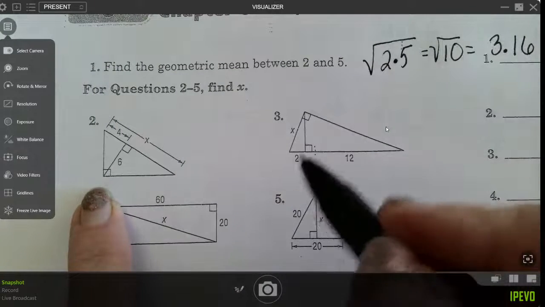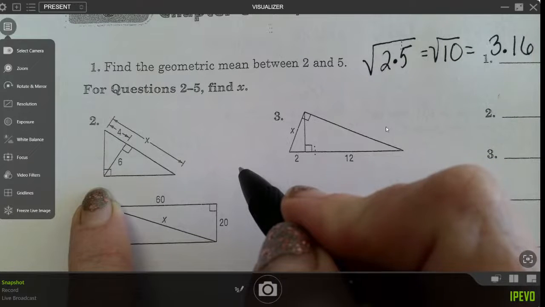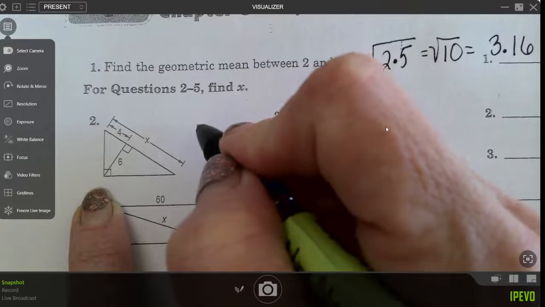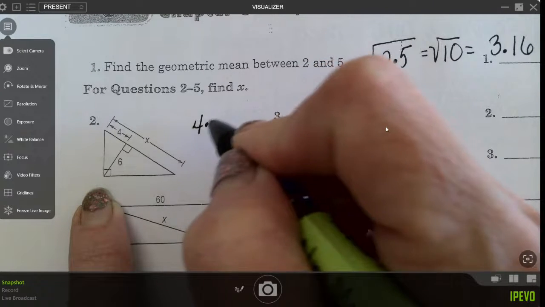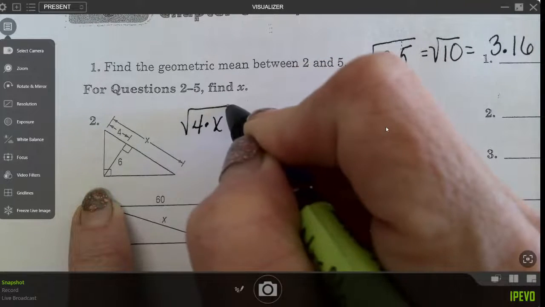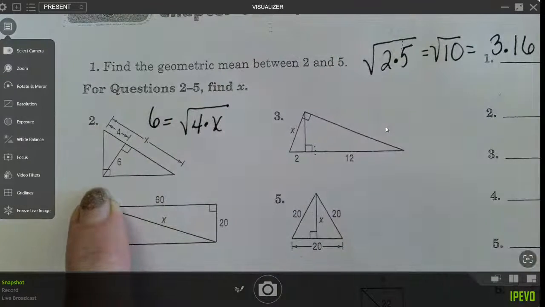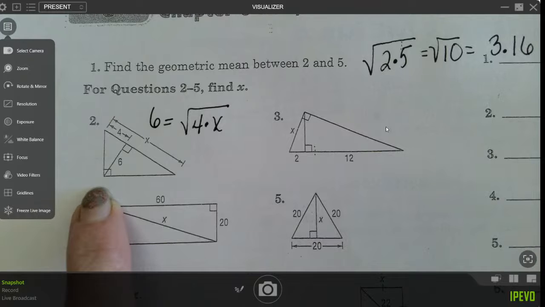But we do know that if we multiply 4 times x and take the square root of that, that's going to give us the value for 6. Y'all remember us doing that?